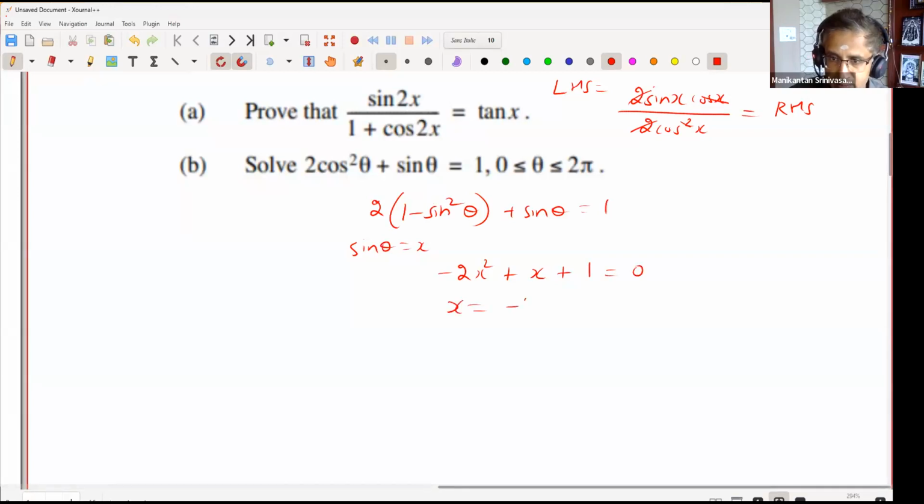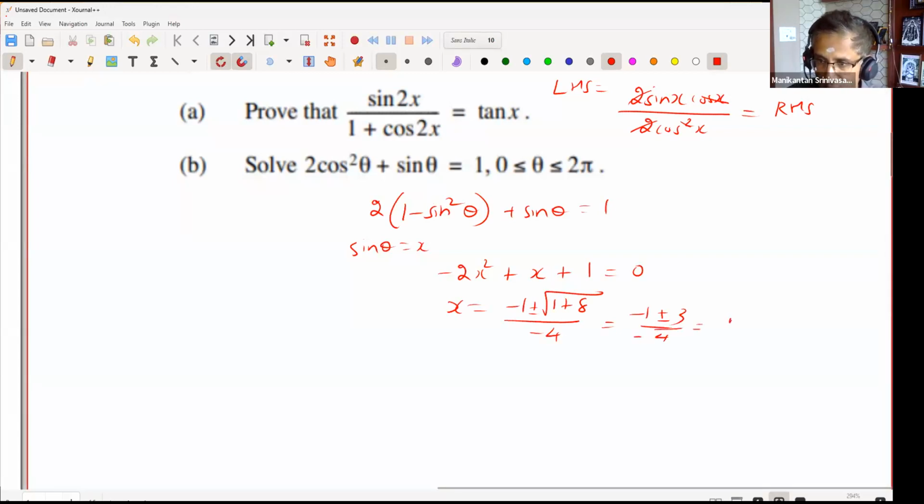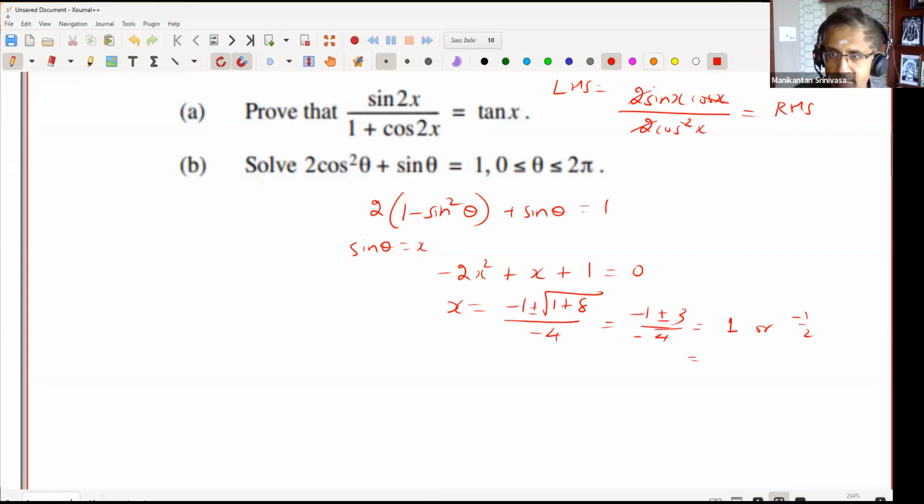So x equal to minus b plus or minus root of b square minus 4ac whole upon 2a. So it's minus 1 plus or minus 3 upon 4. Minus 4, sorry. Minus 1 minus 3 upon minus 4 will become plus 1. And then the other one is 2 upon minus 4, which is minus half. So 1 or minus half.